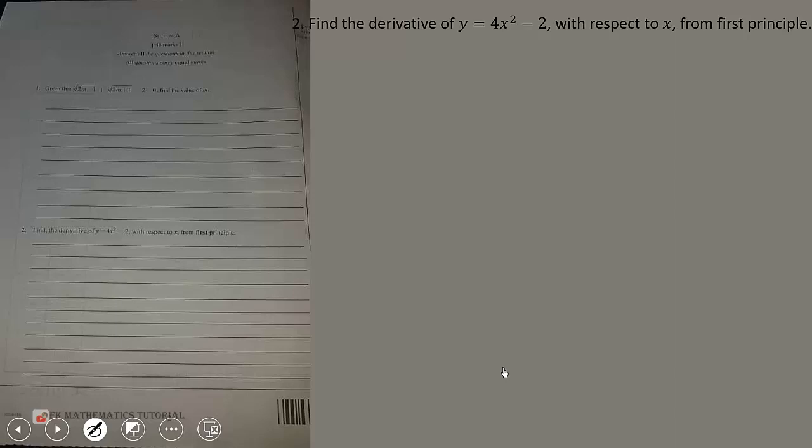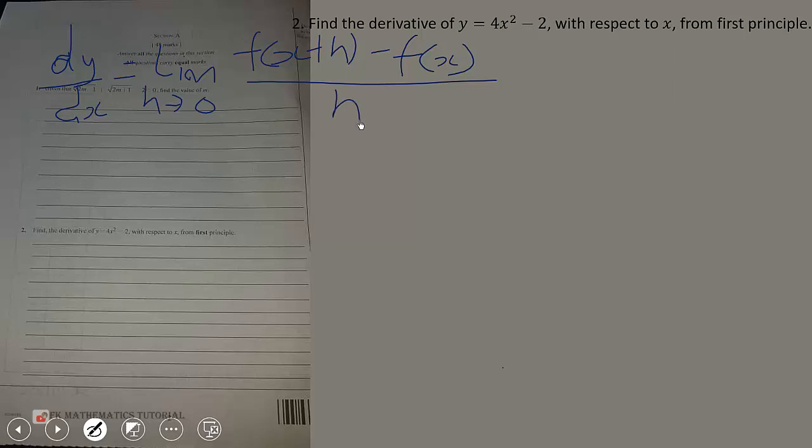So let's look at the second question. Find the derivative of y equals 4x squared minus 2 with respect to x from first principle. We have different notations for first principle. I'm going to use this one, which is a bit easier to recollect. dy dx is equal to the limit as h approaches 0 of f of x plus h minus f of x, all over h.